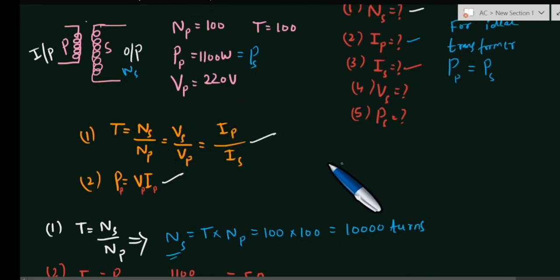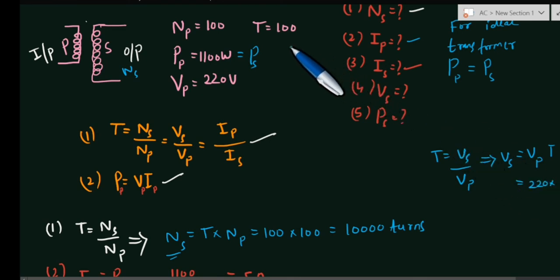T is equal to Vs divided by Vp. Then Vs is equal to Vp into T. Vp is 220 and the value of T is given in the problem, that is 100. If you multiply this, you will get 22000, and this is the value of Vs. So this is how we found it.